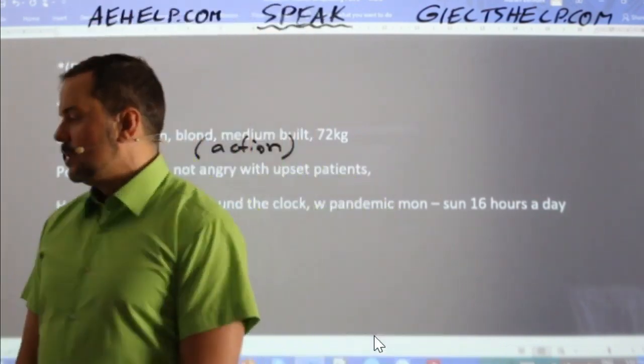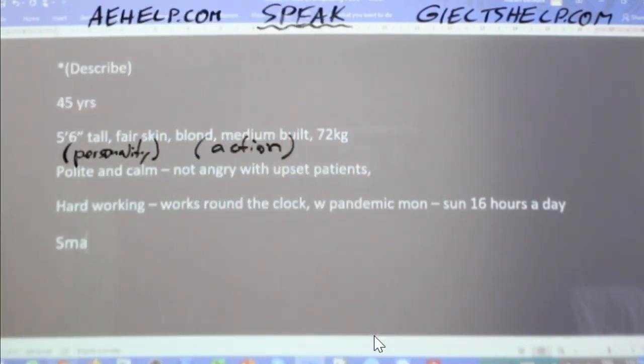You might include something like smart. So has very good ability. So smart, is very good at diagnosis and giving the right treatment.